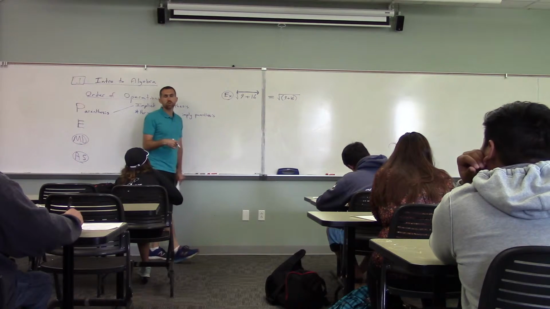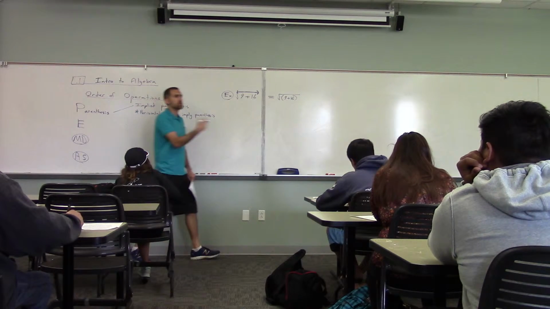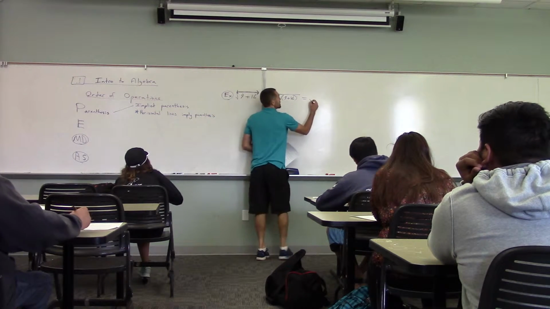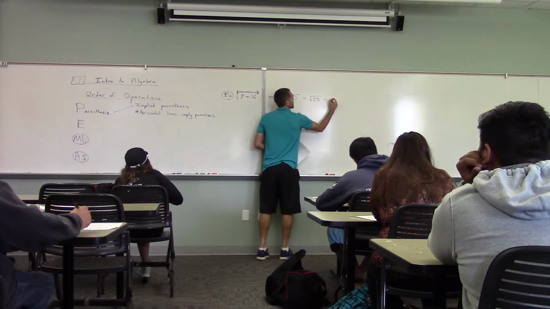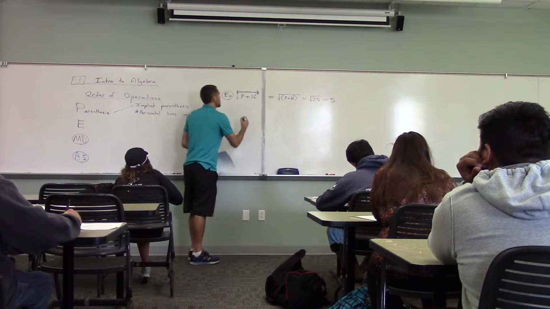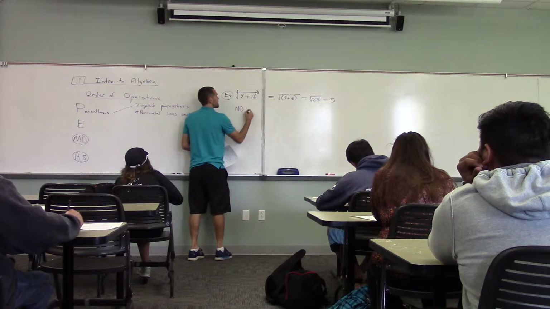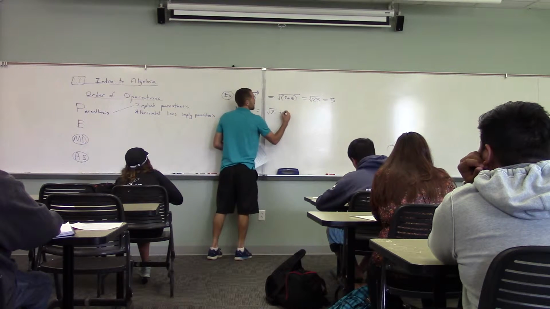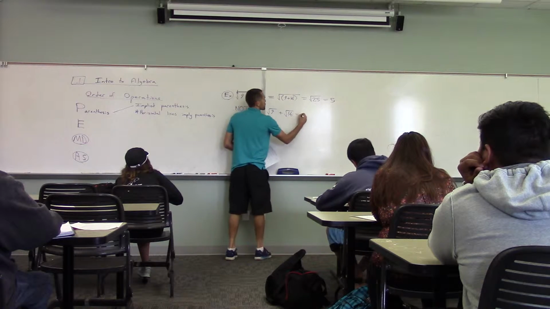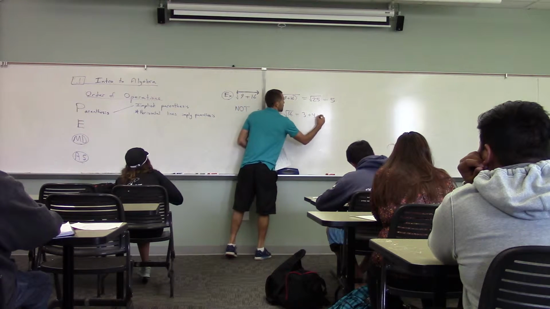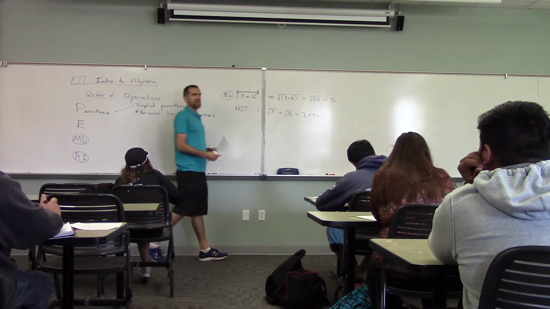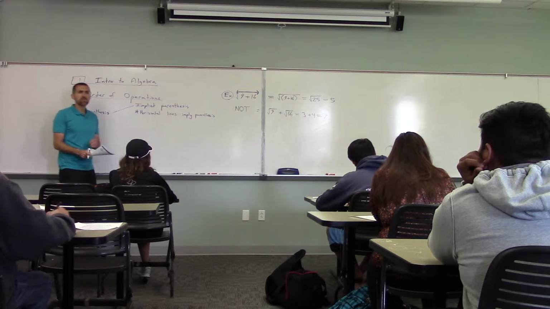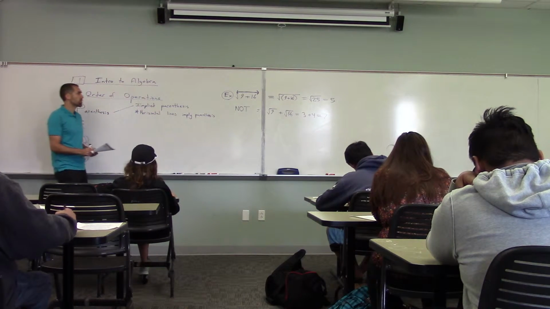You cannot touch one before you deal with the group. So this is the square root of 25 equals 5. Okay? It's absolutely not the square root of 9 plus the square root of 16, which would be 3 plus 4 is 7. Okay? So horizontal lines do imply that there are parentheses.